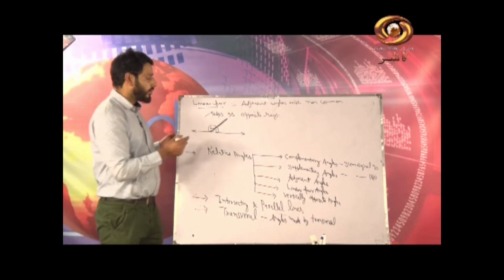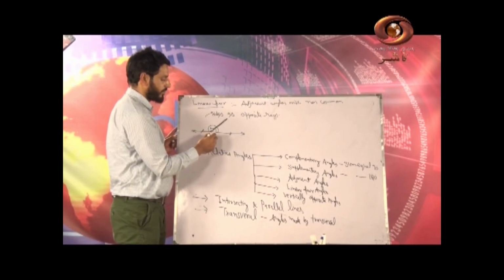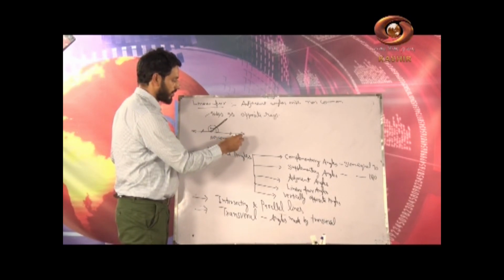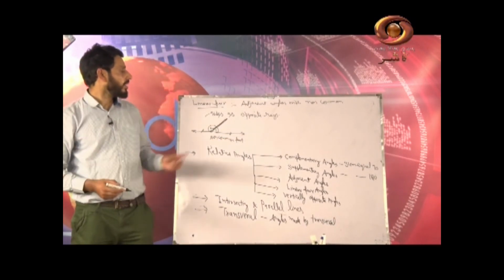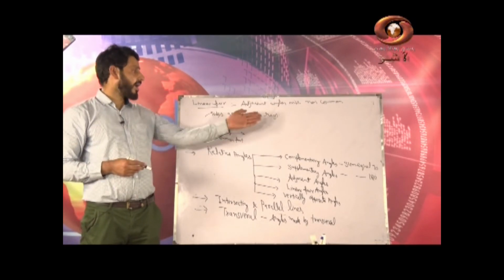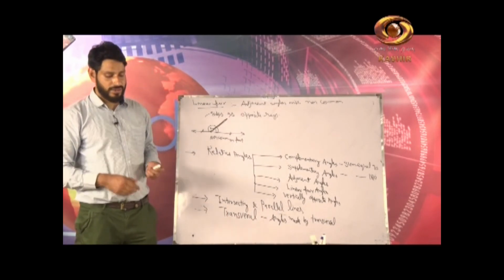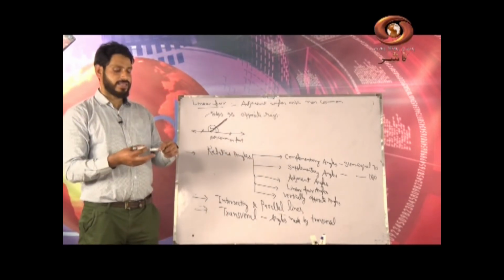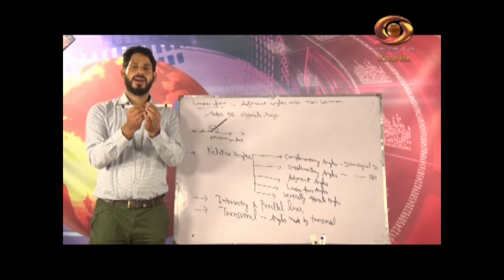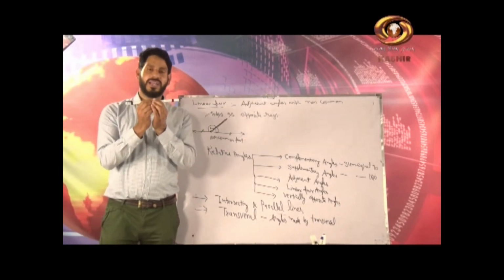Now look at this non-common part. This is non-common part, this is non-common part. The condition for linear pair is that the non-common parts must be opposite rays. That is, they must be oriented apart from each other. If these are two rays, they must be like this, facing away from each other, forming an angle of 180 degrees.